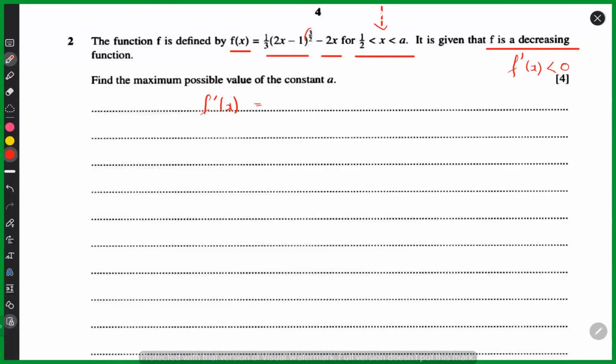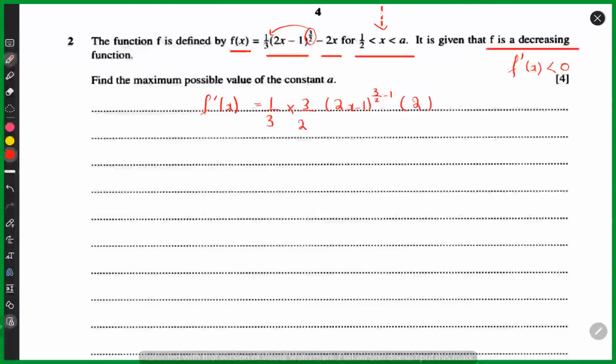First of all, I'll take this power and write it as the coefficient. So 1 by 3 is going to come as it is. It would be multiplied by the power, that is 3 by 2. The bracket content would come as it is. The power would become 3 by 2 minus 1. And one last thing, the derivative of the bracket part. So what is the derivative of the bracket part?